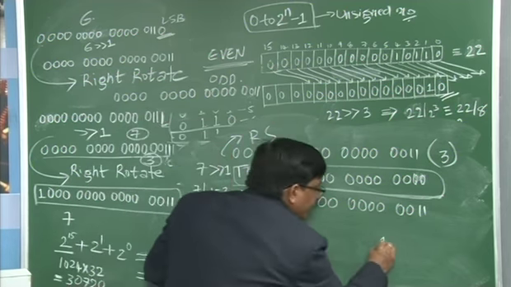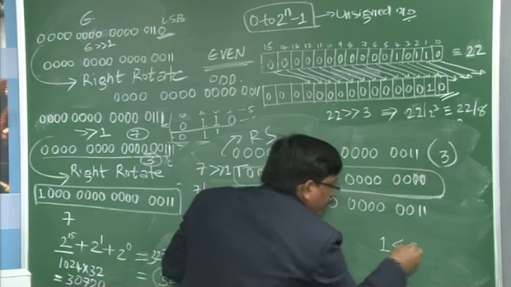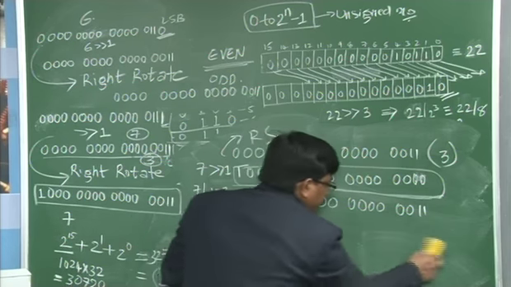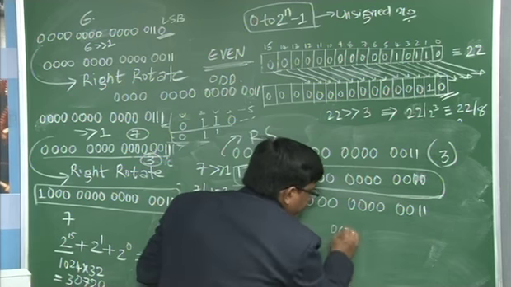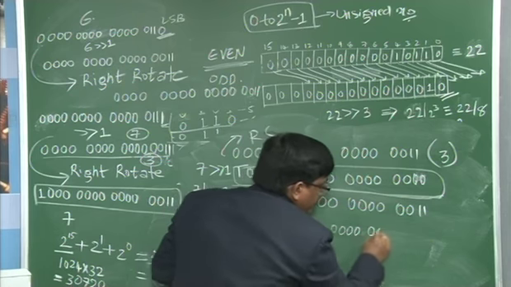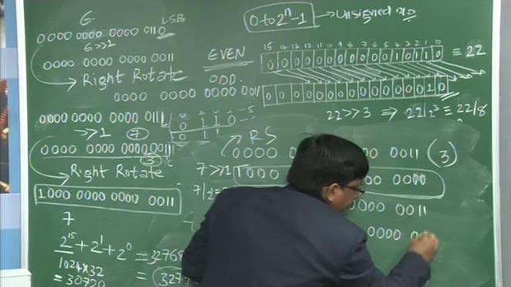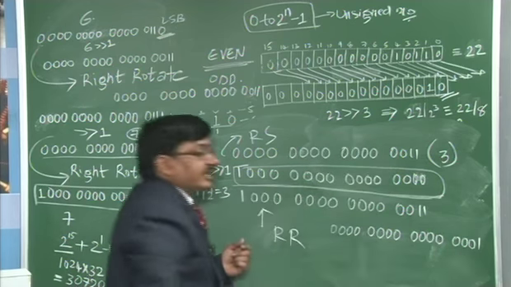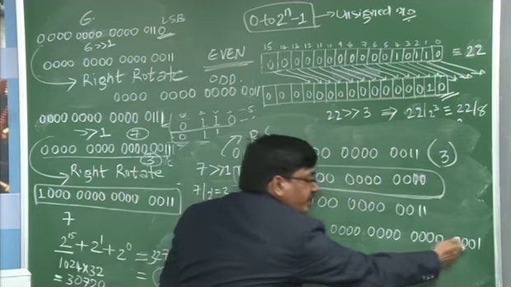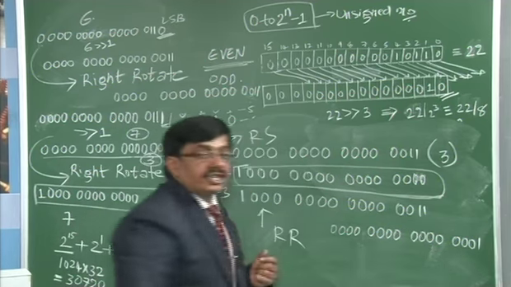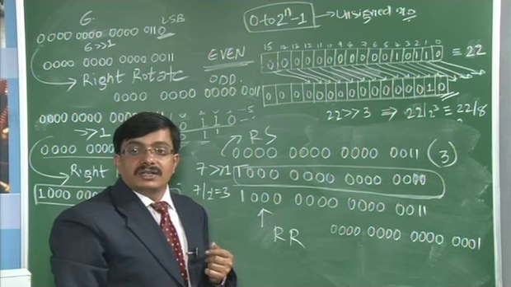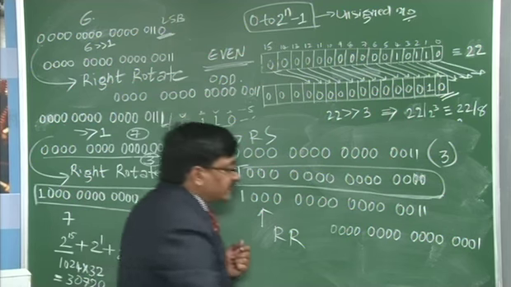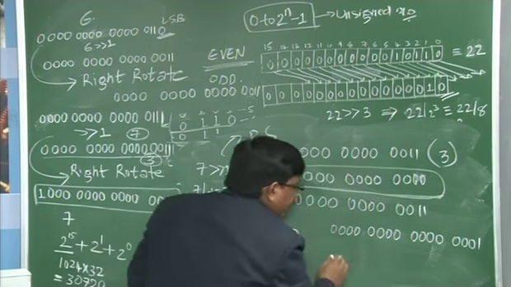Now take an integer value 1, and this is the binary sequence corresponding to 1. Now if I go on shifting this left by 1 position 15 times, what will happen is, this is shifted to this particular position.